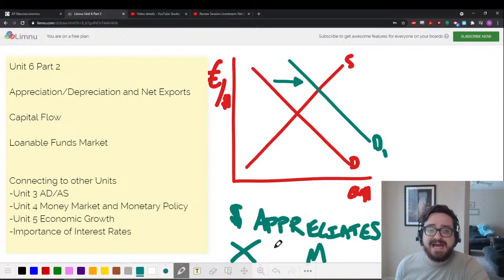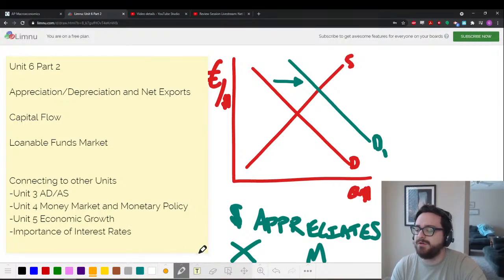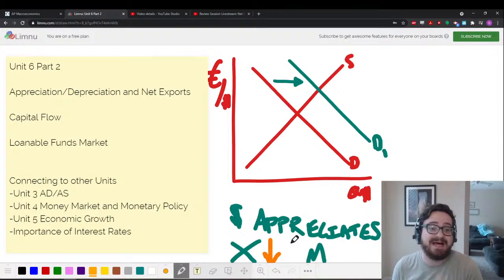Well, if it now takes more euros to get a dollar, every single person in France who has a bunch of euros is effectively poorer in terms of their ability to buy American goods, because it takes more euros to get a dollar now. They would need a lot more of their money to pay for the exact same thing as before. So America would be less able to export. Our ability to export would get hurt by our currency being more valuable.